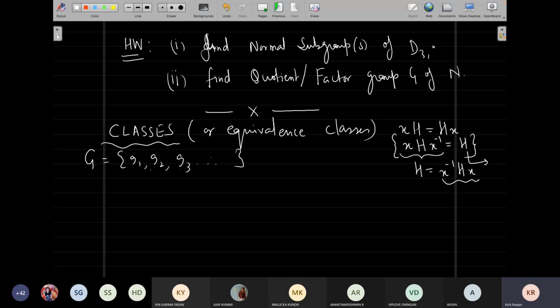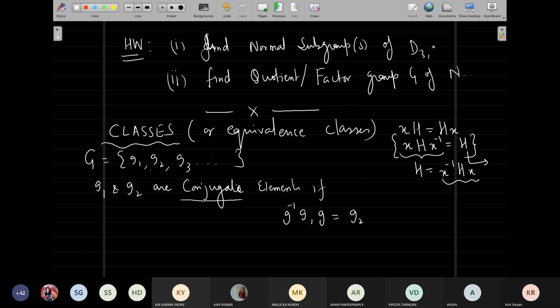We say two elements G1 and G2 are conjugate elements if G inverse G1 G is equal to G2, for G1, G2, G belonging to the group G. So the two elements of a group G are called conjugate elements if G inverse G1 G is equal to G2. That's the definition.